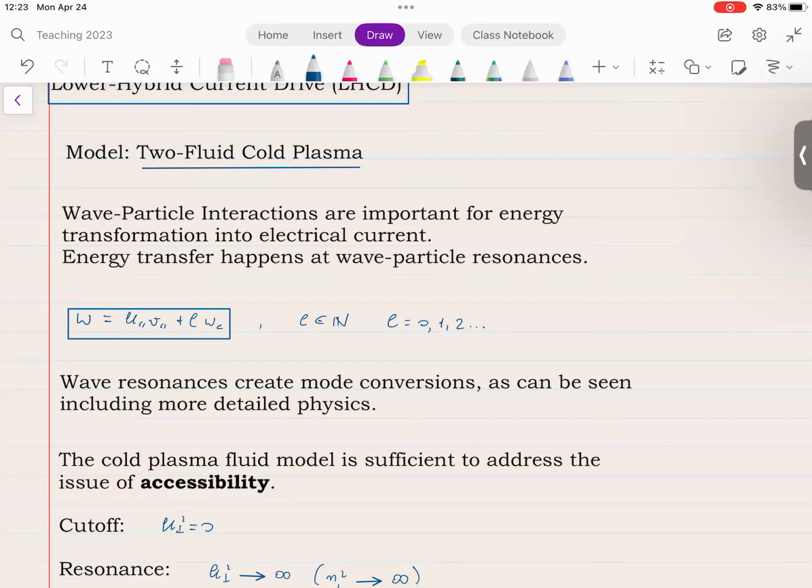Oh, I don't think I've said it out loud. V is the particle velocity, not the fluid velocity. So this is looking at the distribution function of either ions or electrons or both. In this case, it's going to be electrons.